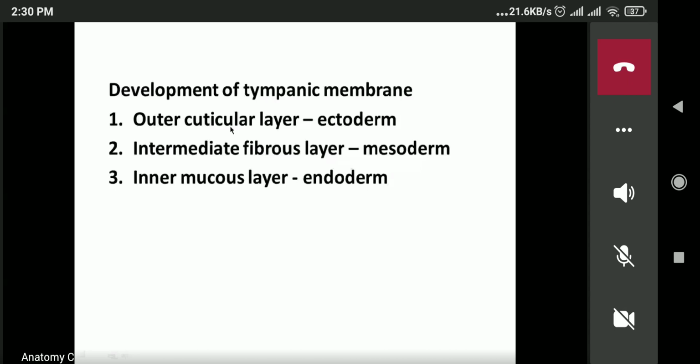The outermost cuticular layer develops from ectoderm. The intermediate fibrous layer develops from the mesoderm.